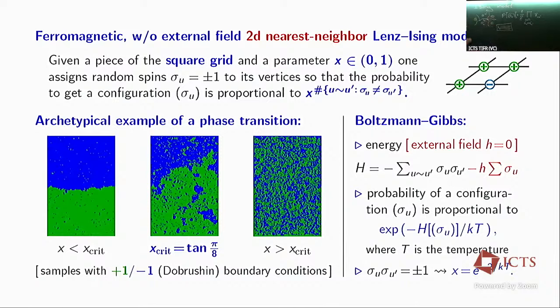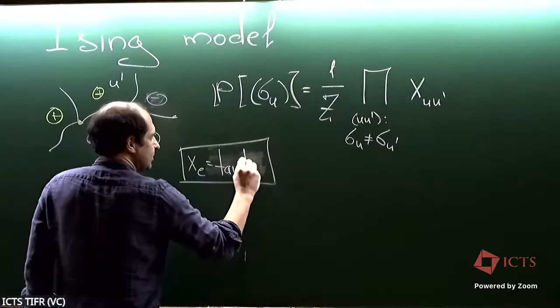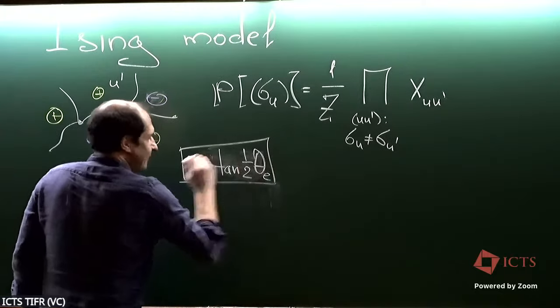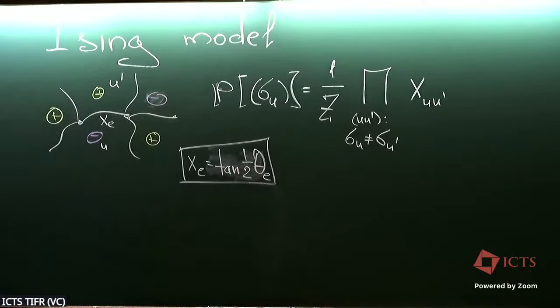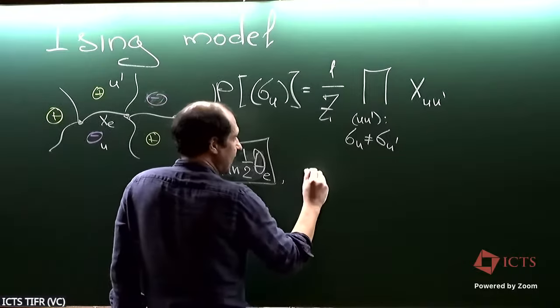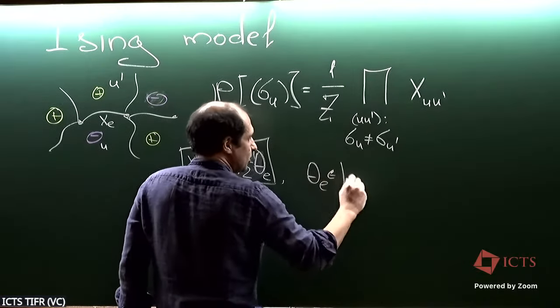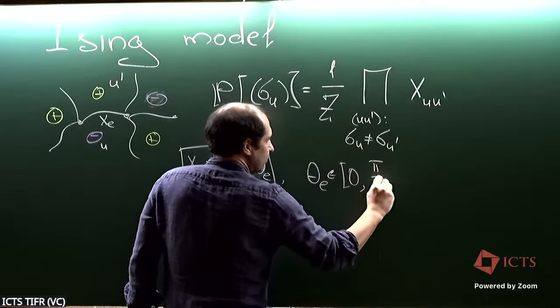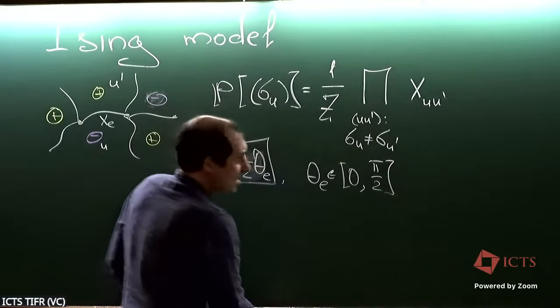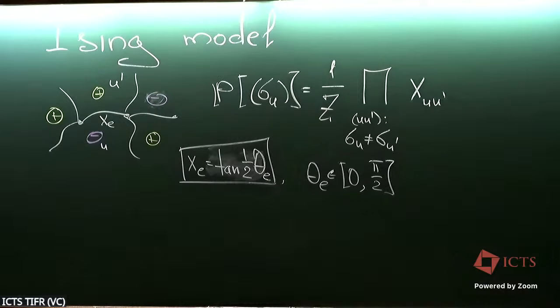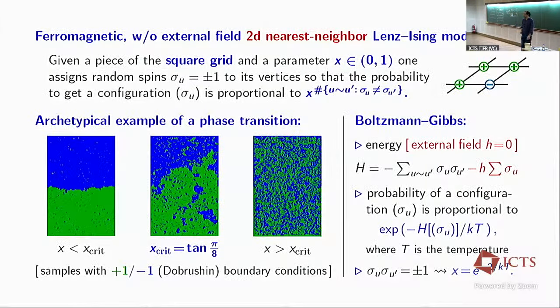So instead of working with these variables which are between 0 and 1, I'll be using some variable theta e. That's just useful in some situations. And theta is a parameter which is now in between 0 and pi over 2. In particular, this pi over 8, all of a sudden, this is half of pi over 4, and there is some nice numerology.